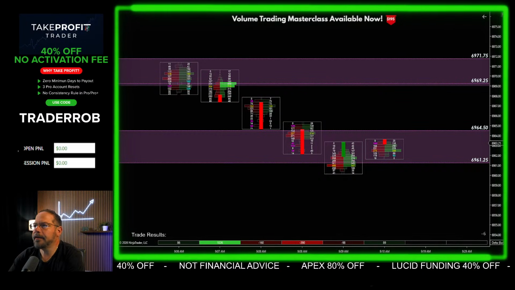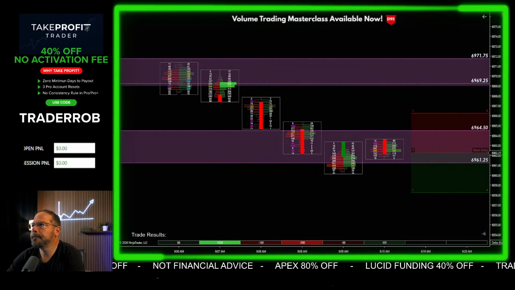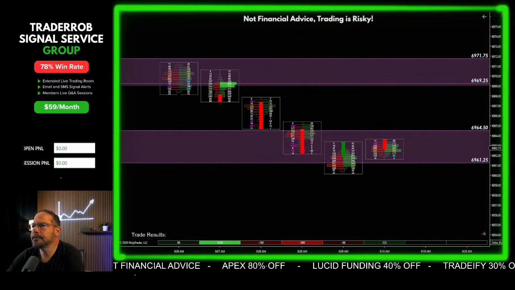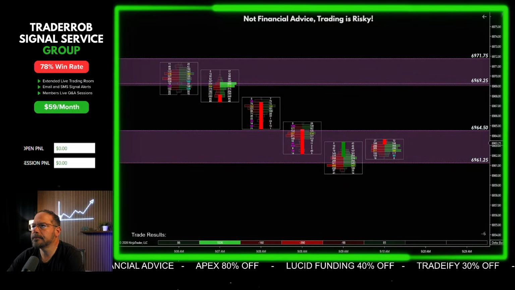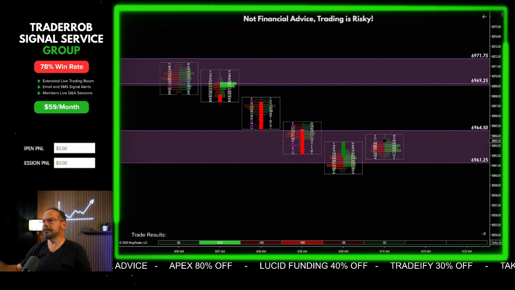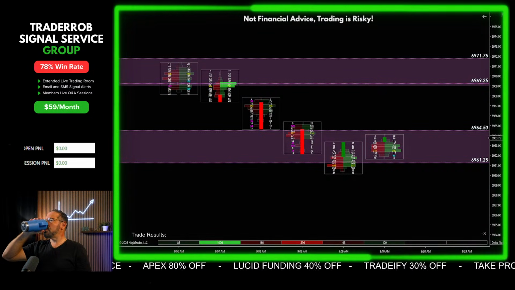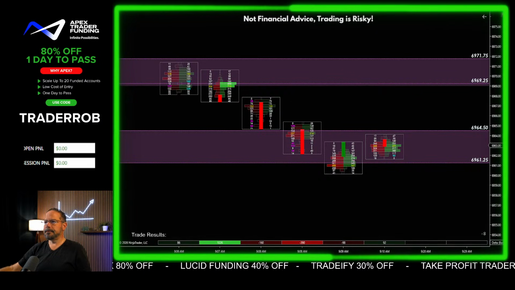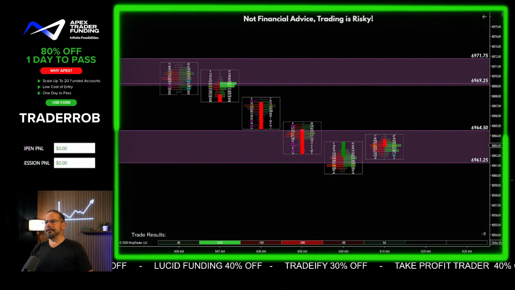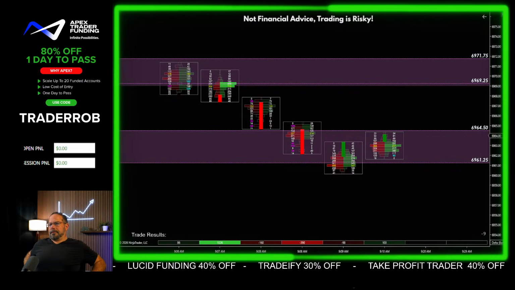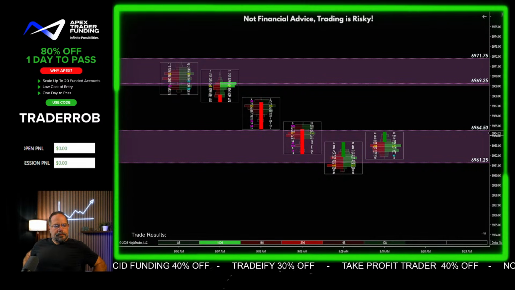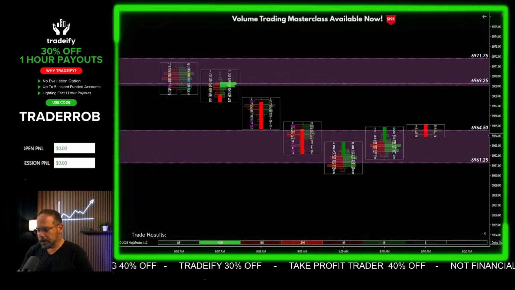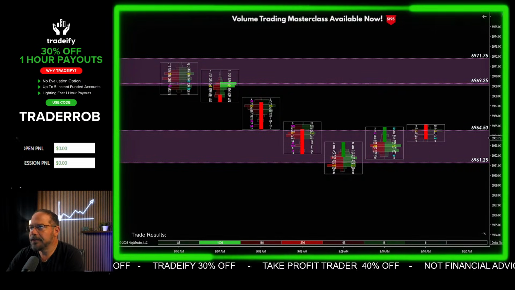All right, let's see if this ES can close as a red footprint here. Tricky little spot here.